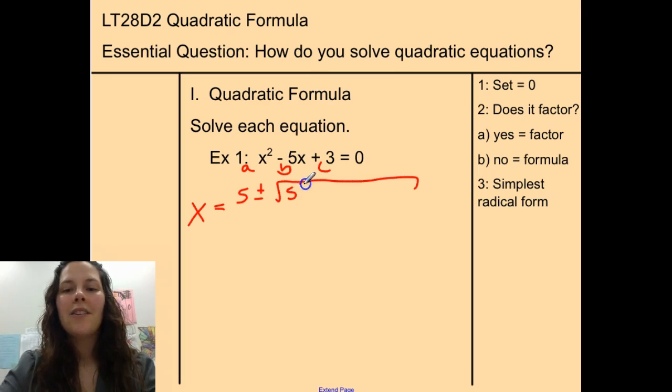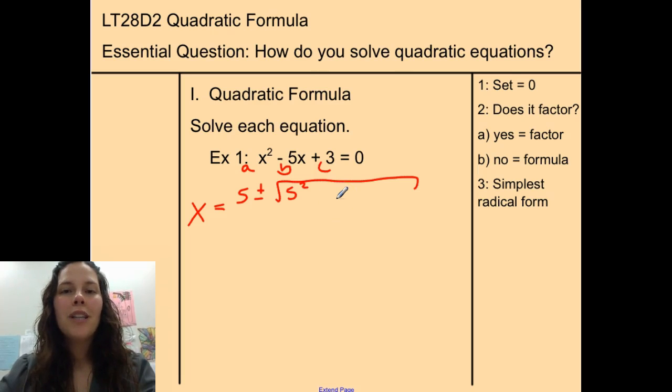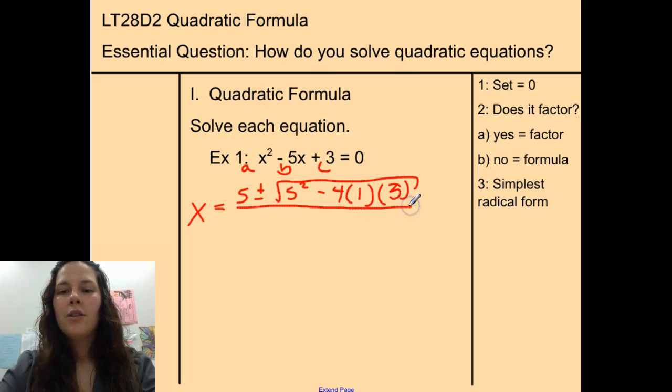Even if b is negative, I drop that sign because once you square it, the value becomes positive anyway, and it's one less negative sign to keep track of. This formula is not real easy to use, so the easier you can make it for yourself, the better. Minus 4 times a times c, that's a 3, all over 2 times a.